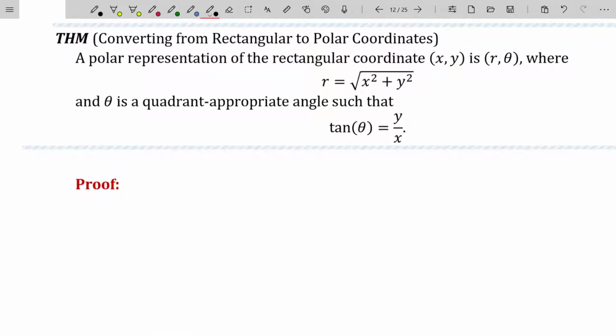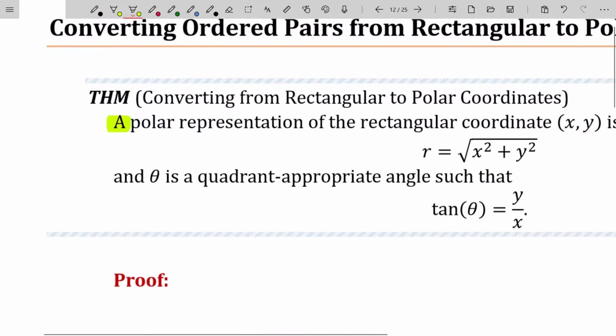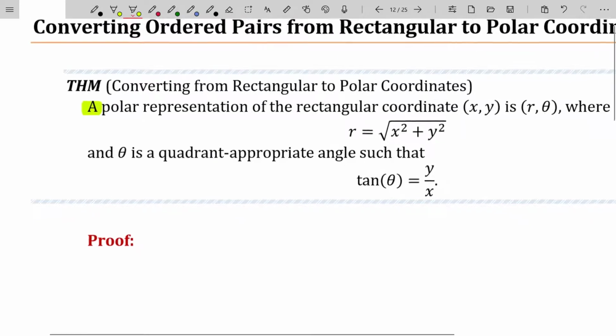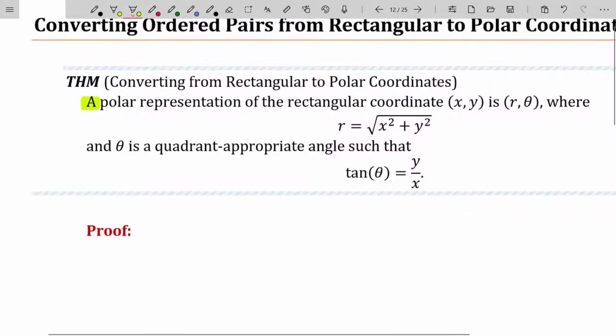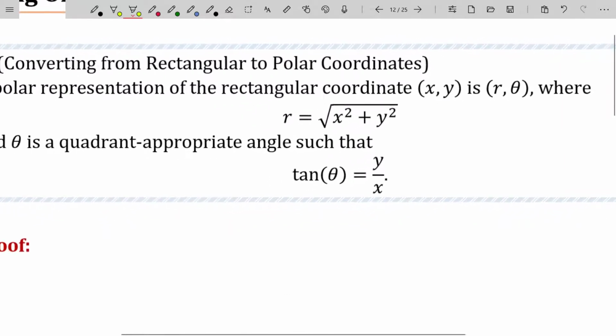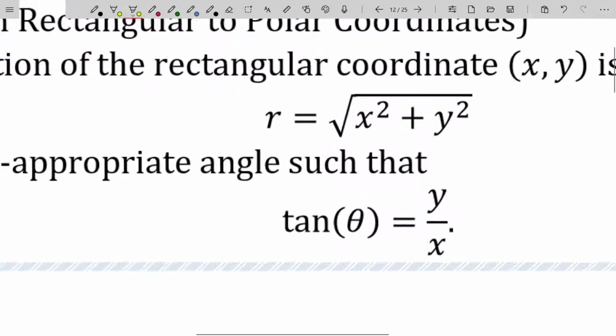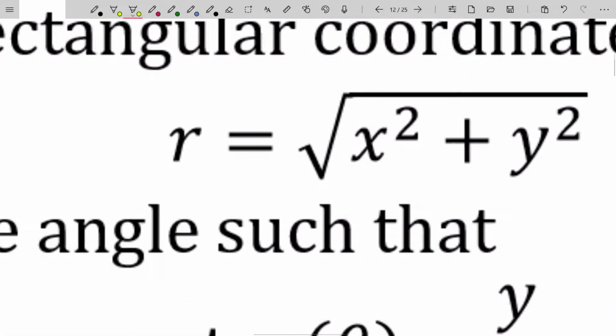A polar representation, and the word "a" there is important because there's an infinite number, of the rectangular coordinate (x, y) is (r, theta), like we're used to, where r is equal to the square root of x squared plus y squared. Notice in this case, with this theorem, r is forced to be positive.